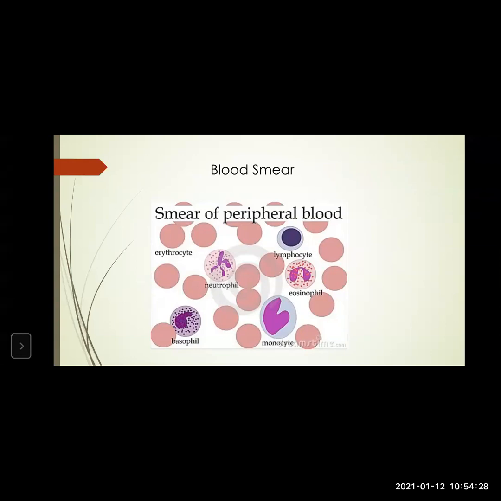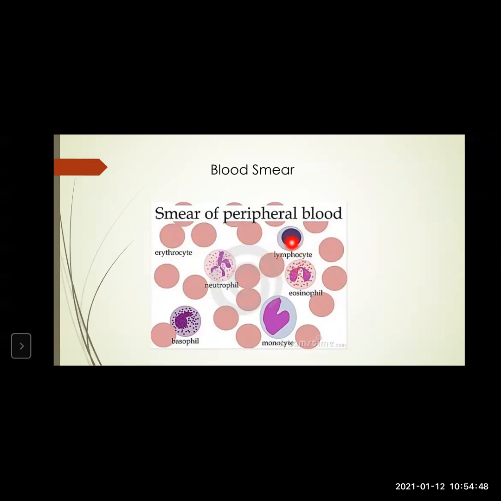Stain it with a dye and then observe it under a microscope. When you observe it under the microscope, you can see there are different types of cells. See, these are erythrocytes, these are lymphocytes.